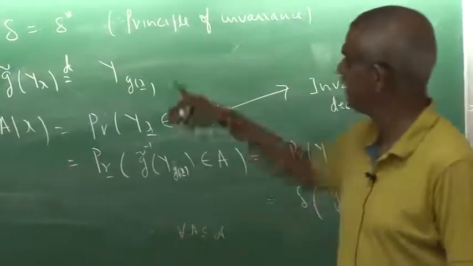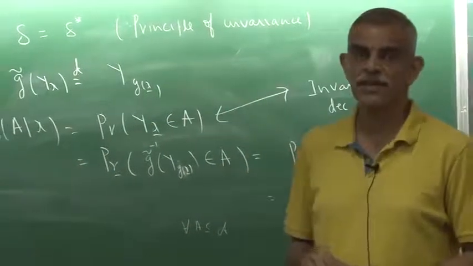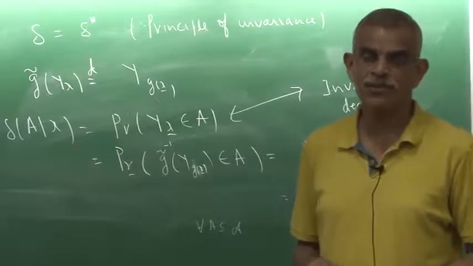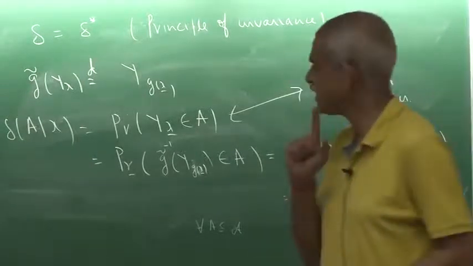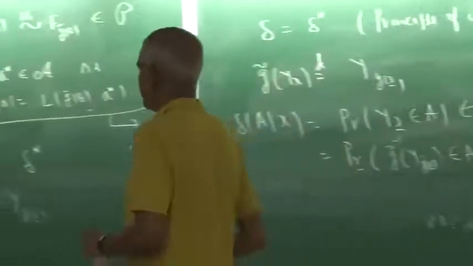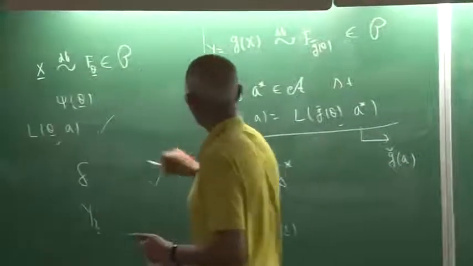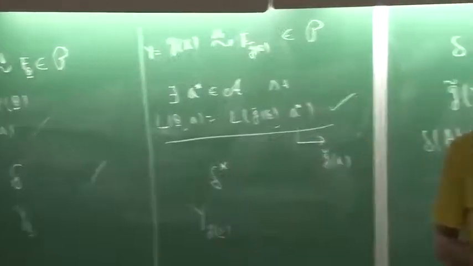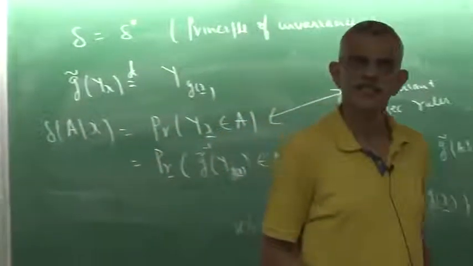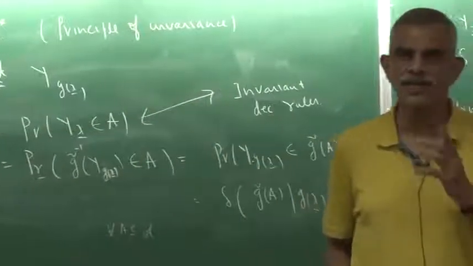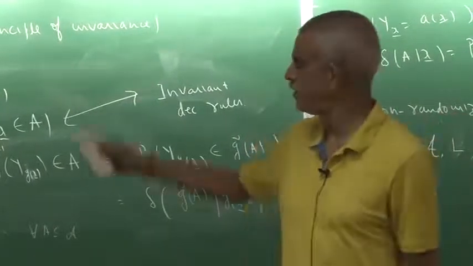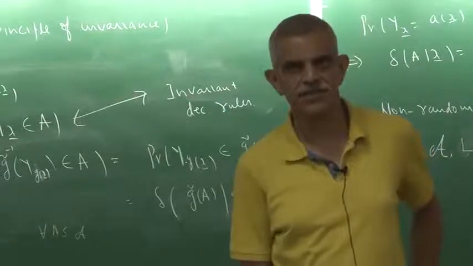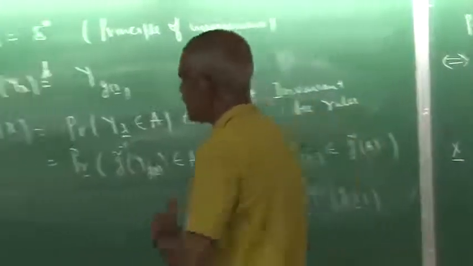So I would need a definition of the family P of distributions being invariant under a group of transformations. That is number one. Second, I wanted my loss to satisfy a certain invariance property. So the second step would be to say that the loss is invariant under the given group of transformations.